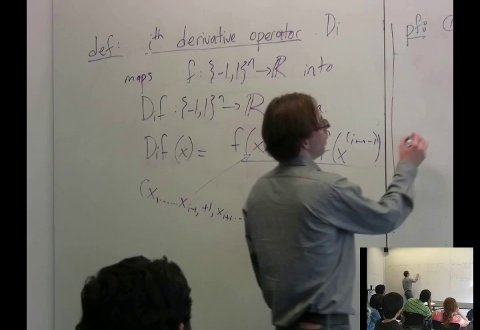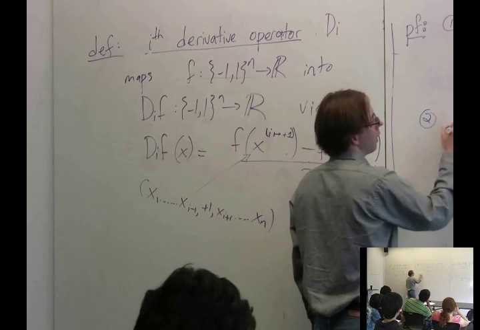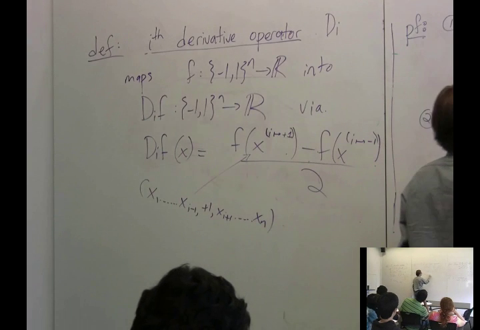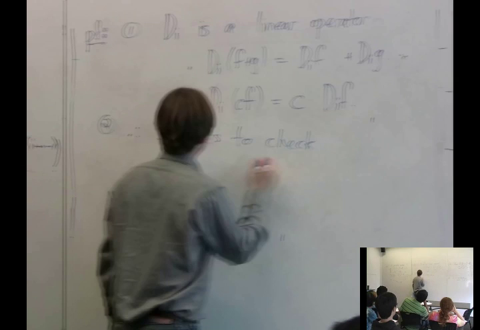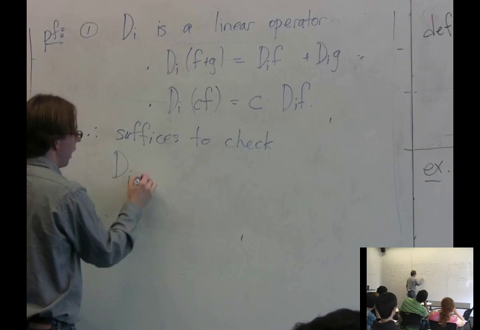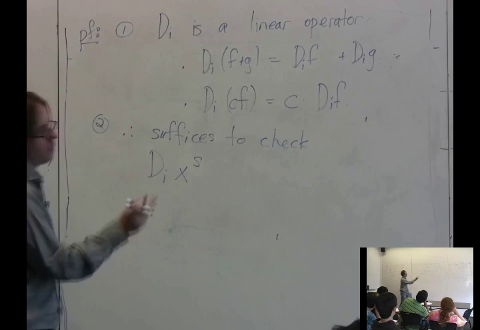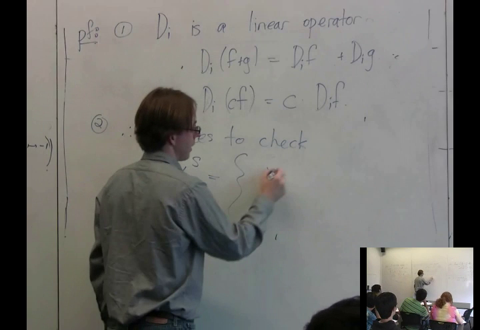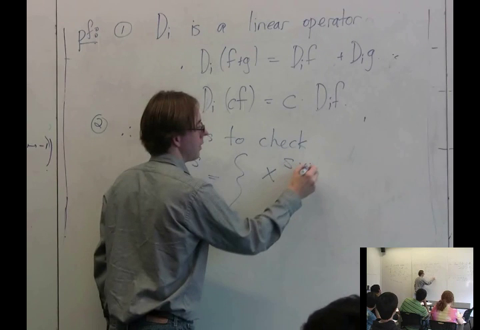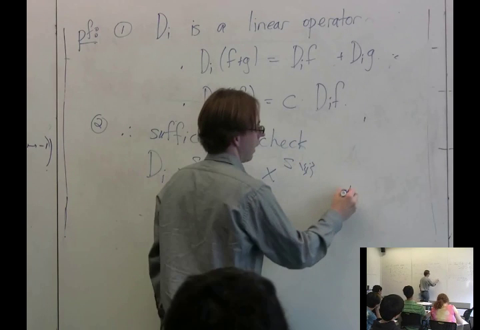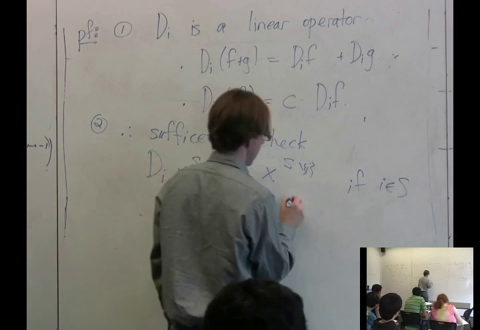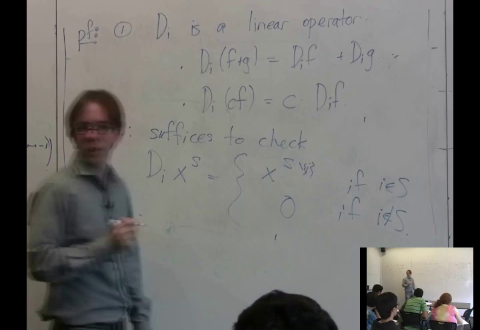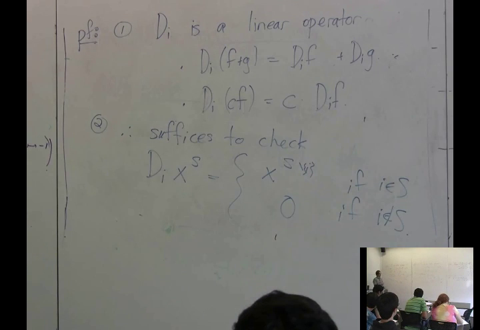Therefore, it suffices to check that D_i of each of these monomials, x^S, is what I claimed: it's x^S with the ith guy taken away if i is in S, and it's 0 if i is not in S. Do you see why it suffices to show this?